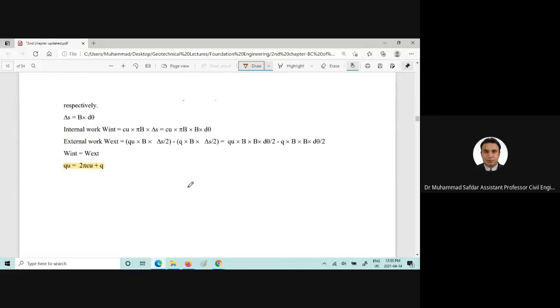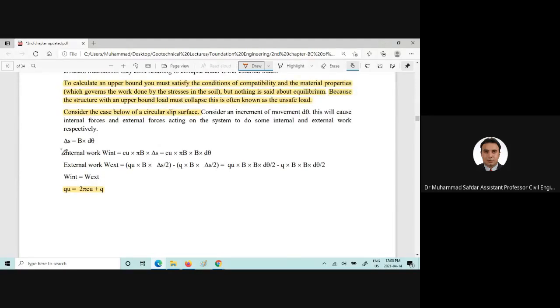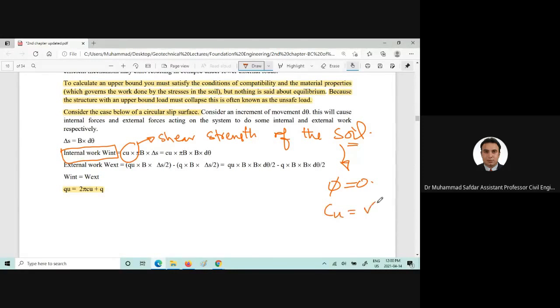Okay. Now if we consider the internal work done, and the internal work done by the shear strength of the soil, and in this case phi is equal to 0, so only the undrained cohesion is playing that role.